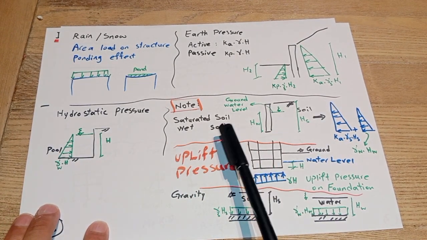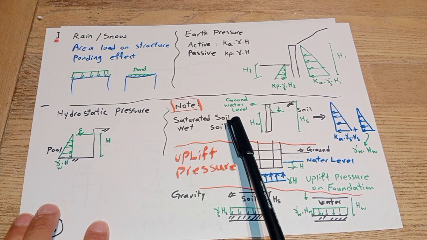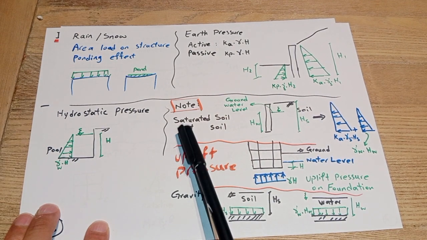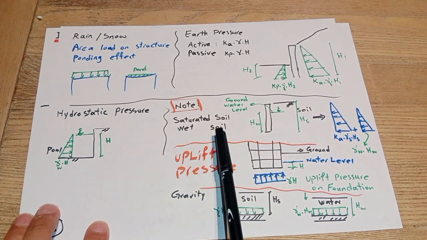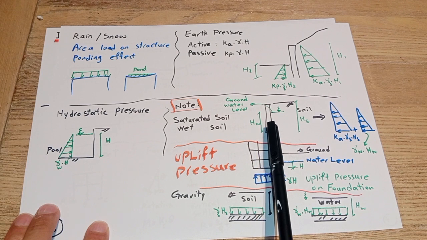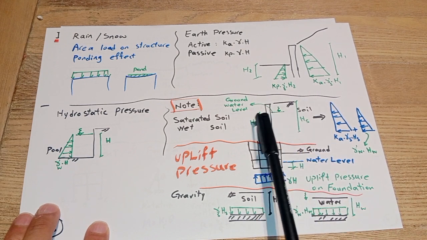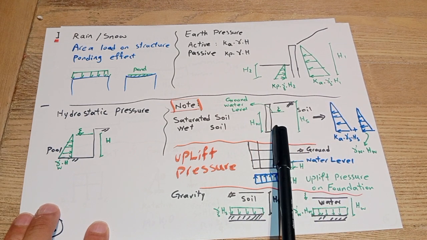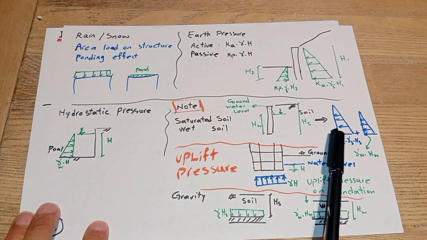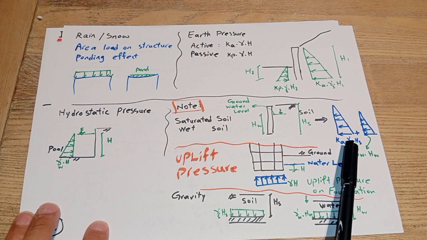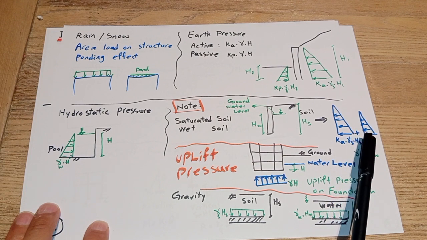We have two notes here. If we have saturated soil or wet soil, in general, we will have soil pressure plus water pressure on the structure. Soil pressure is the same, Ka gamma soil times H soil, plus gamma water times H water.